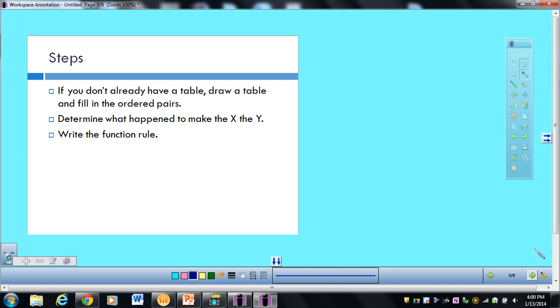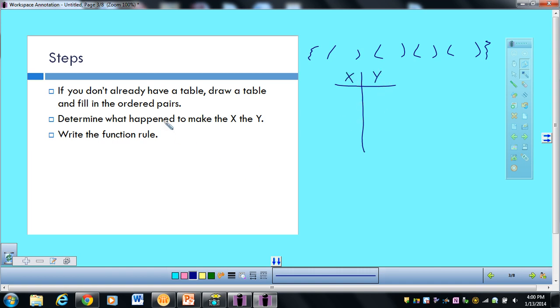All right, so here are your steps. If you would just put these in your steps box. Your first step is if you are given a relation, that means that you have a set of ordered pairs that you're given. Let's say maybe you have 4 ordered pairs and they give you those pairs. You're going to make your table and put your x's in one column and your y's in the other.